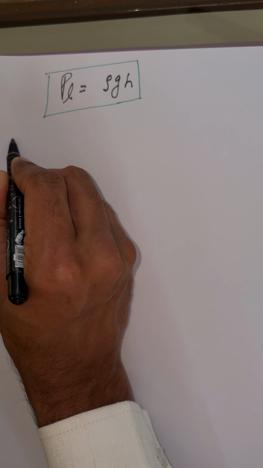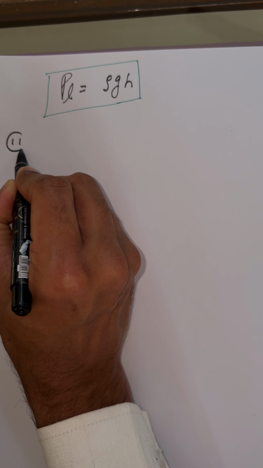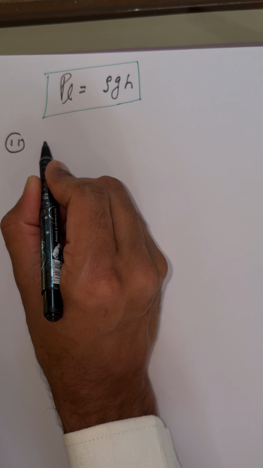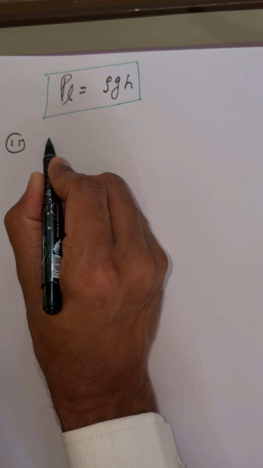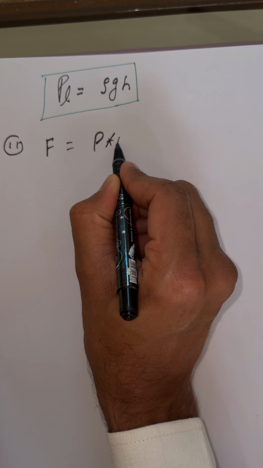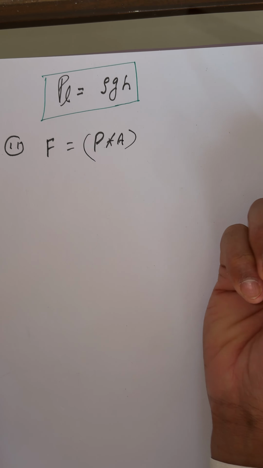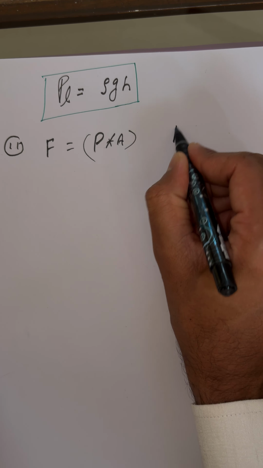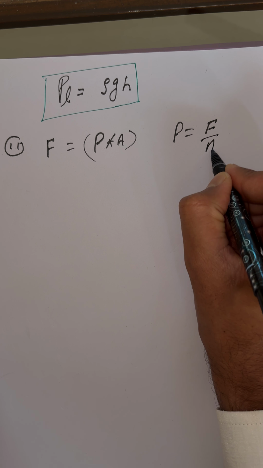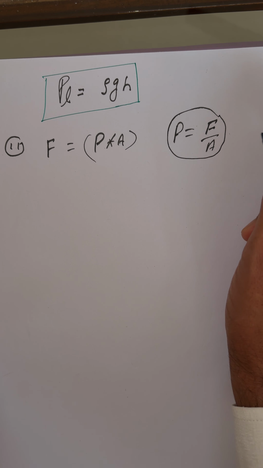Second part, students, we also have to find the force on the base of container due to this liquid. Here I am going to use force is equal to pressure into area, right? I'm expecting this basic definition from your side. Pressure is force per unit area.